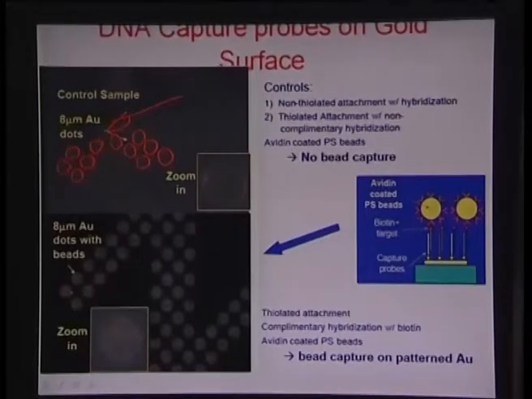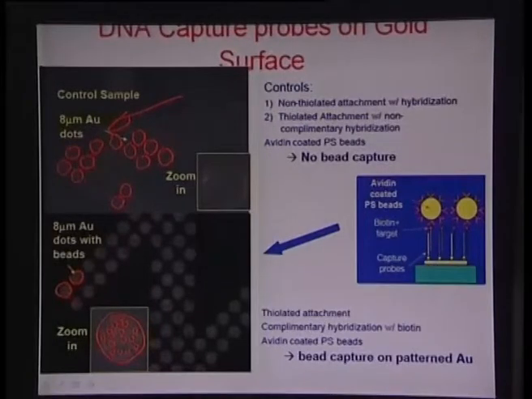Wherever there are dots which have the presence of the capture probe, there is always a capture of the polystyrene beads, as can be seen here in the close up view. These small moieties here are the tiny polystyrene beads which have been captured because of the presence of the capture probe.